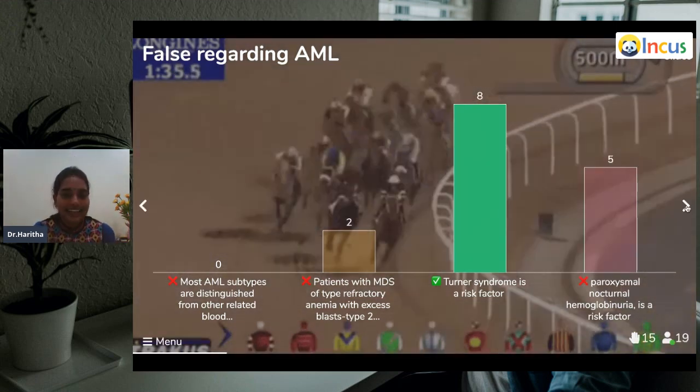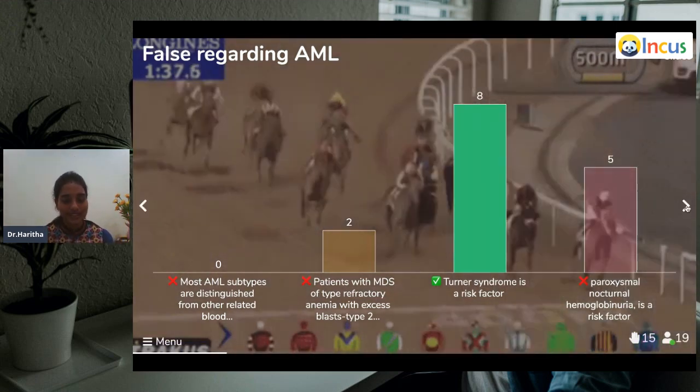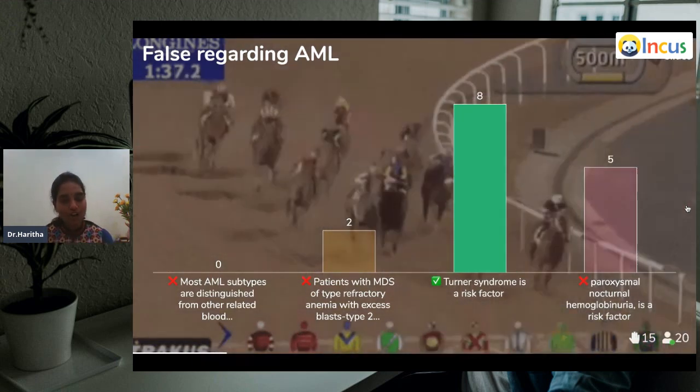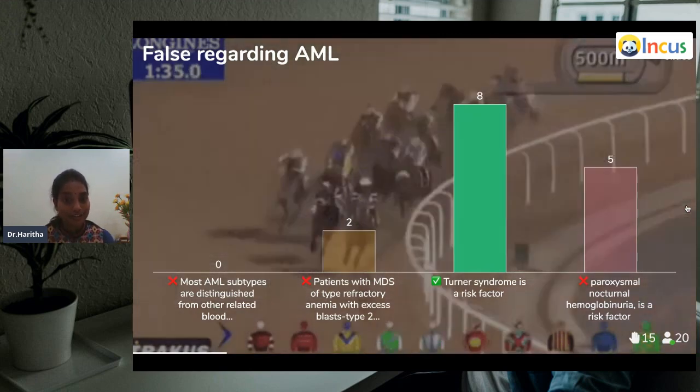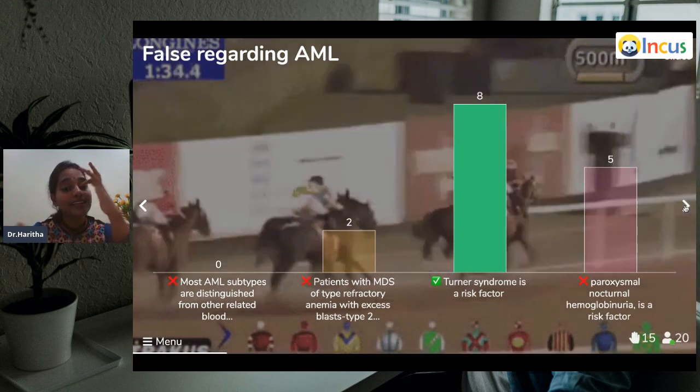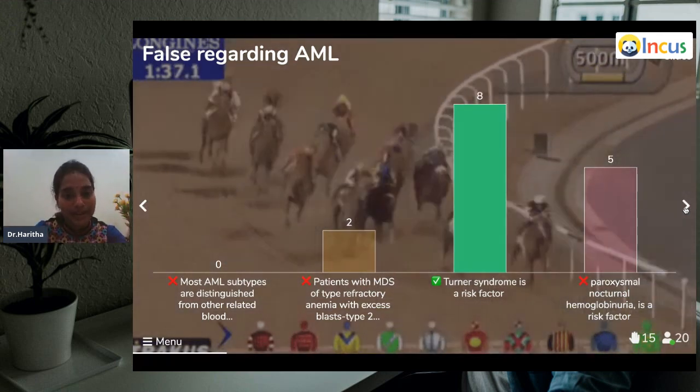So then in that case, what could be the syndromes associated with AML? Bloom syndrome, Down syndrome, congenital neutropenia, Fanconi's anemia, and neurofibromatosis. So these are the syndromes which are related with AML.